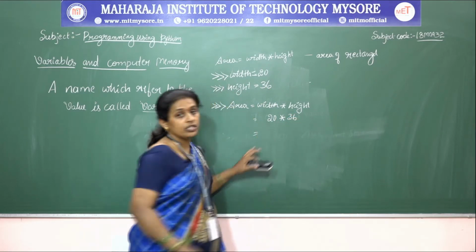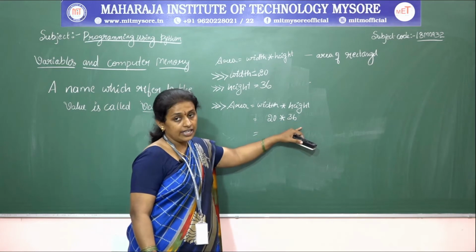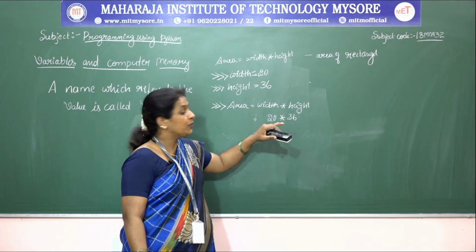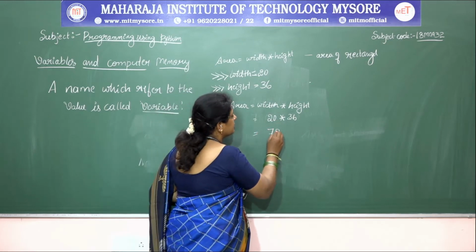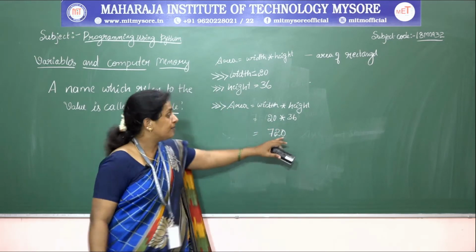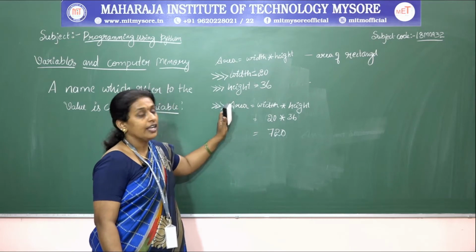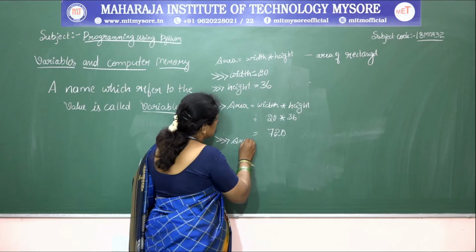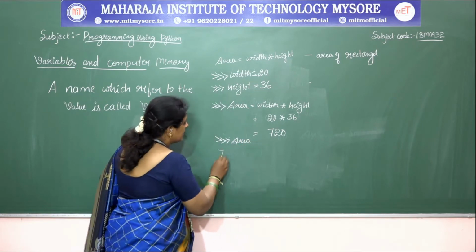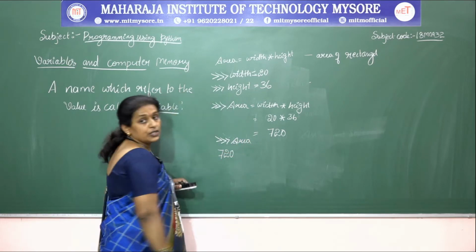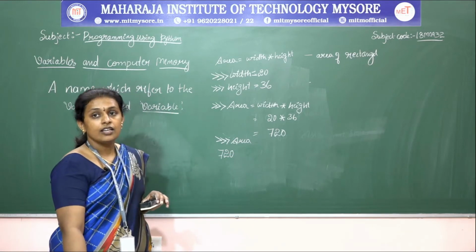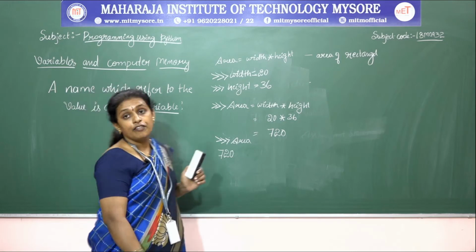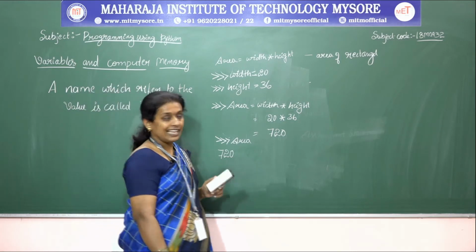When these two values are multiplied, the expression is executed and you will get the answer 720, and this will be assigned to the variable called area. So when I execute area, I will get the answer 720.